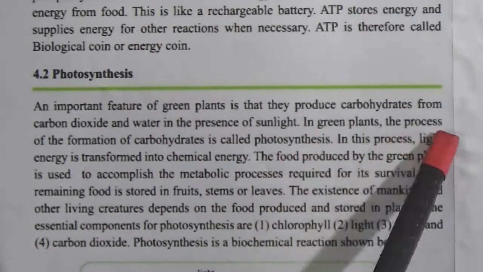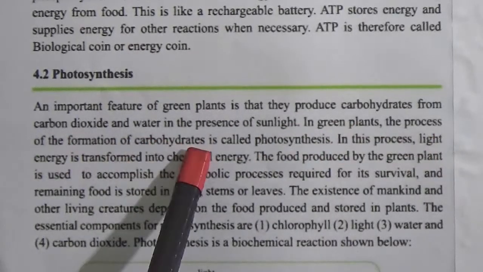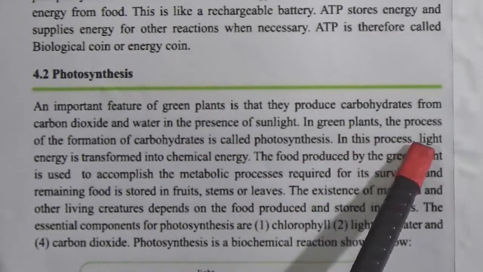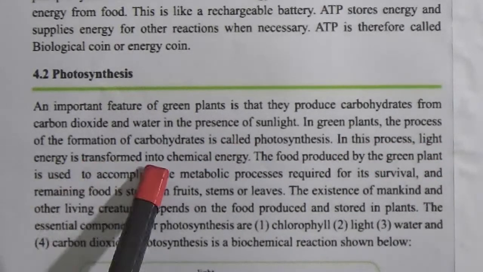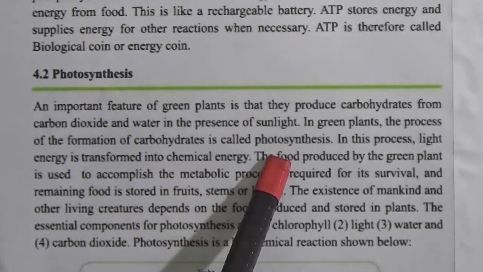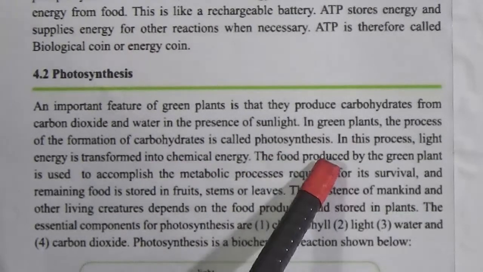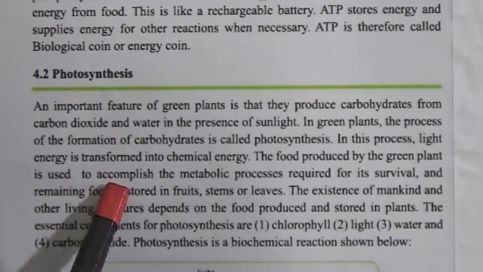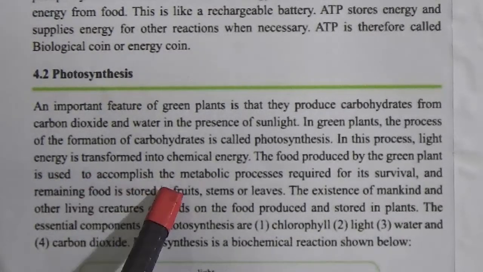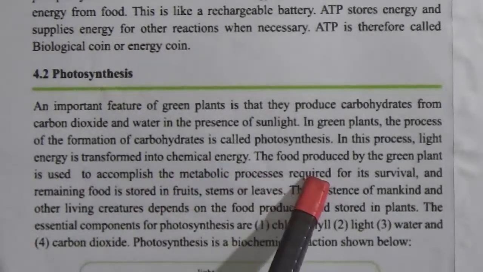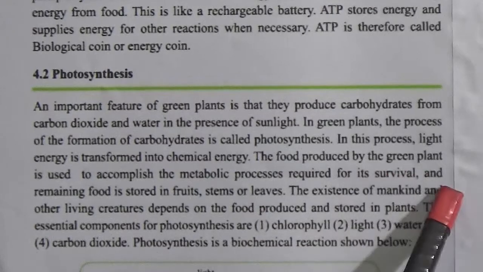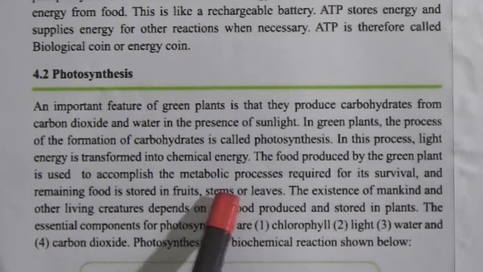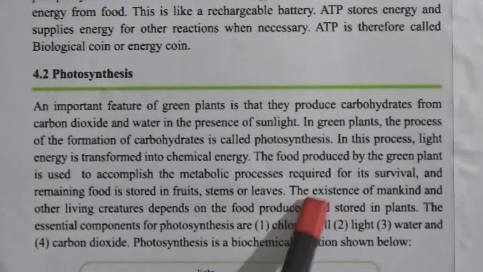In green plants, the process of formation of carbohydrate is called photosynthesis. In the process, the light energy is transformed into chemical energy. The food produced by the green plants is used to accomplish the metabolic process required for its survival, and the remaining food is stored in fruits, stem or leaves.